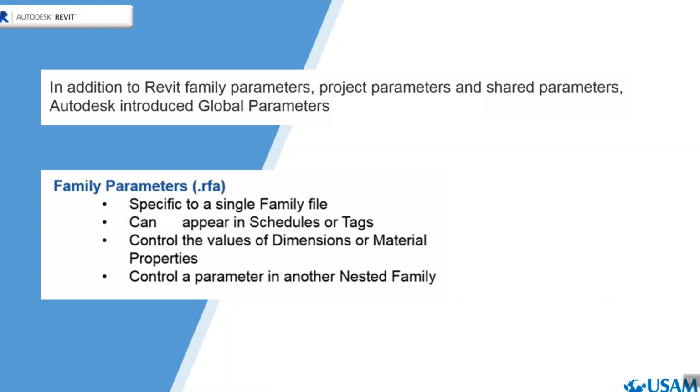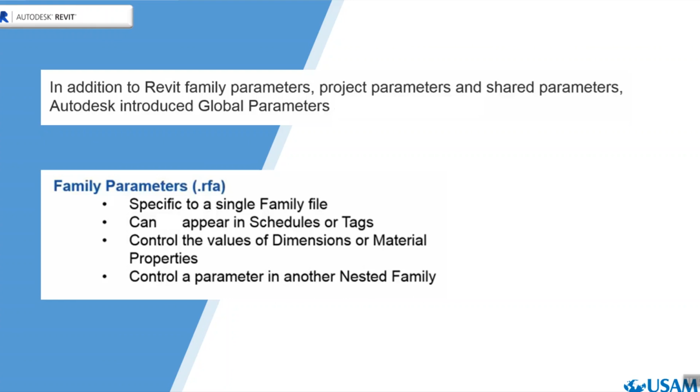We'll categorize and see them one by one. Family parameter: when you are creating libraries, you can add library parameters such as width and depth, and even a material property. These belong only to that particular object.